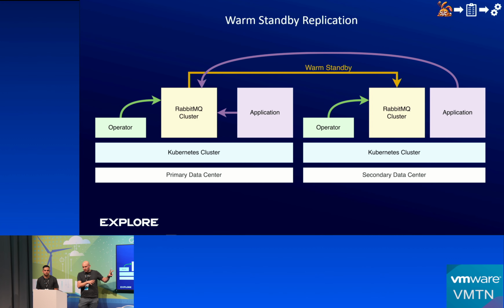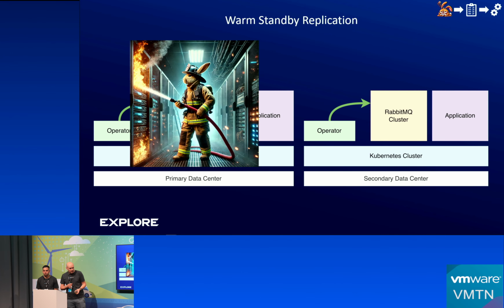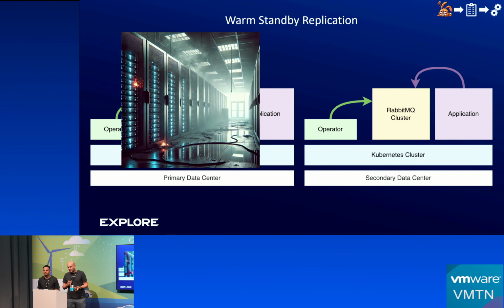So you have a cold standby in case something unforeseen happens to your primary data center, like there's a fire or other major accident. With a few simple steps, you can manually fail over all your applications to your secondary cluster without losing any data or having a long downtime, because you have to reschedule all your messages, and the rerun often gets quite convoluted when you have distributed systems.